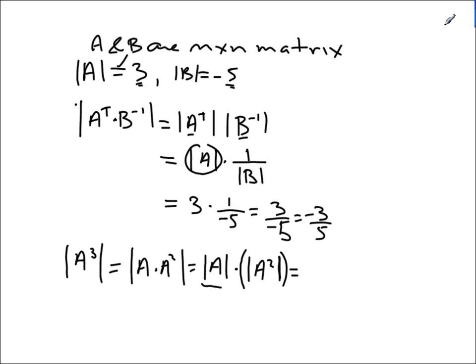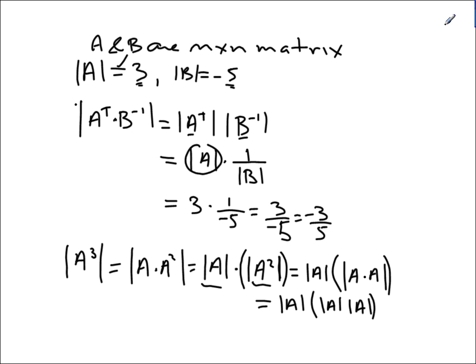The first one is the determinant of A times, now A squared is A times A. Oh, look at that. Here's the determinant of A in front, and the determinant of A times A. For the determinant of a product, I can multiply the determinants together, and yes, this is the determinant of A cubed. The determinant of A is 3, and I cube it, and I get 27.